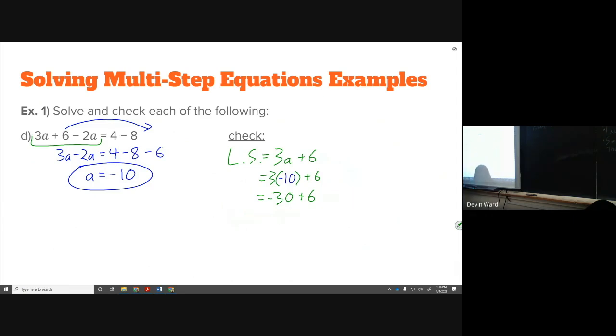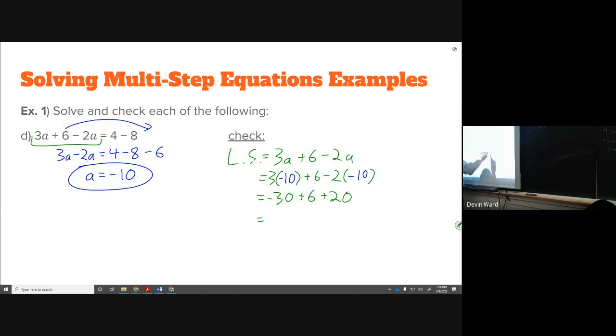See, that's another way I knew that I wasn't doing it right, because my left side was going to equal my right side. It was negative 2a. So I have minus 2 times negative 10. Now I have a negative times a negative. That will be positive. And 2 times 10 is 20.